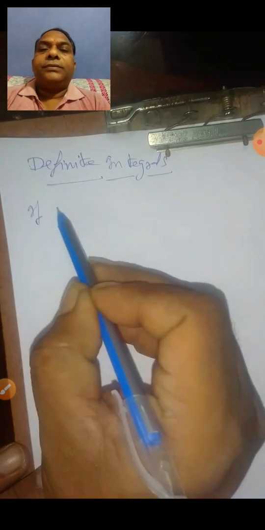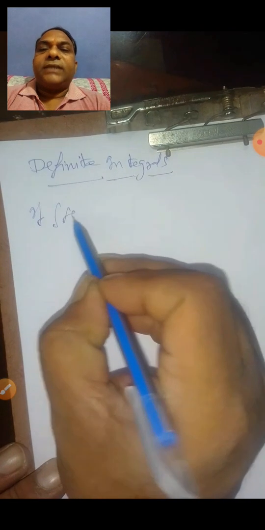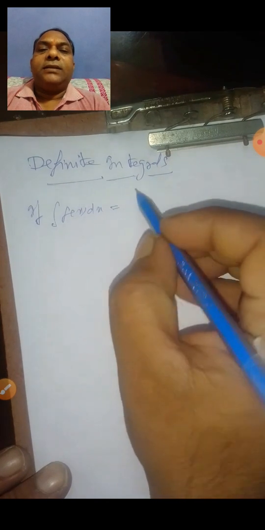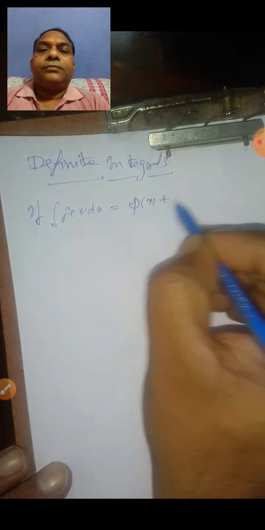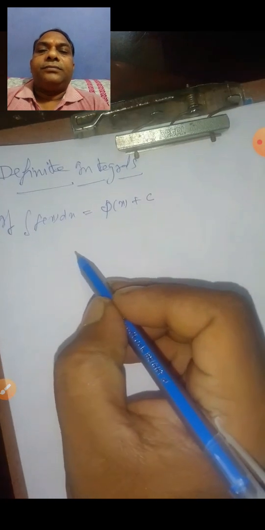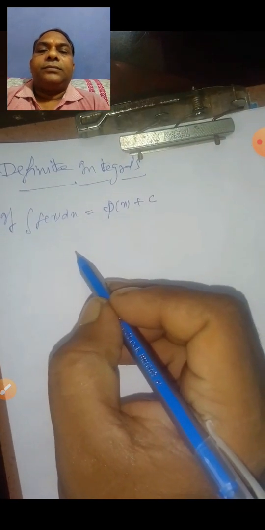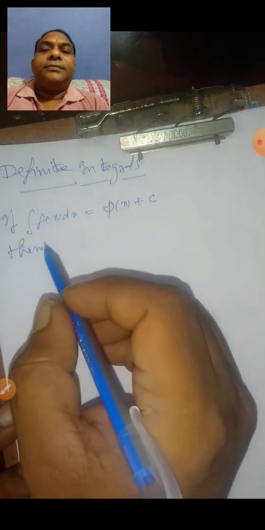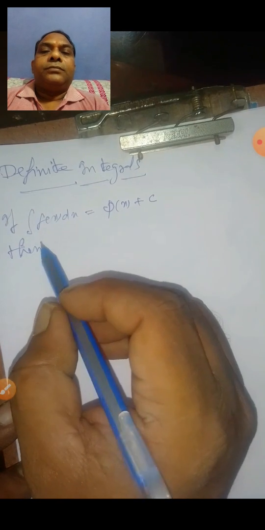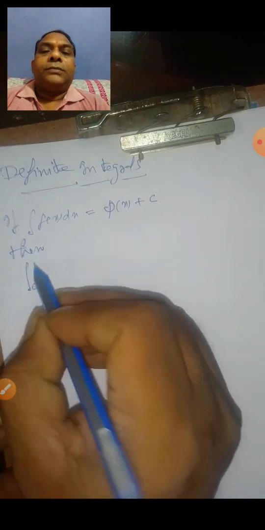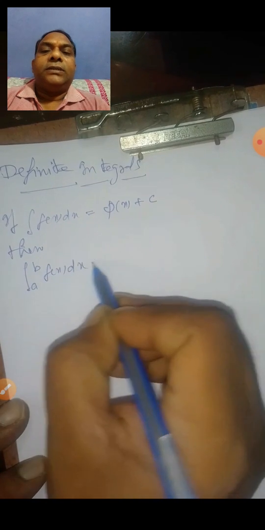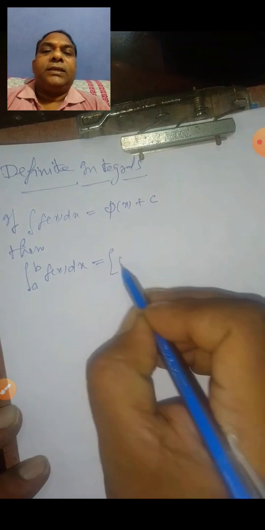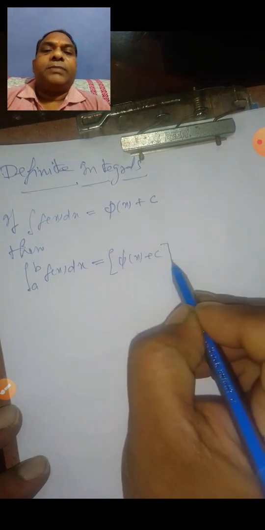if integration f(x) dx is equal to phi(x) plus c, then integration a to b f(x) dx will be equal to [phi(x) plus c] from a to b.